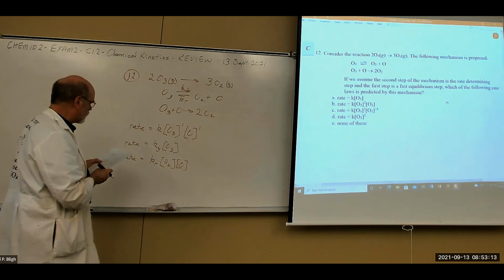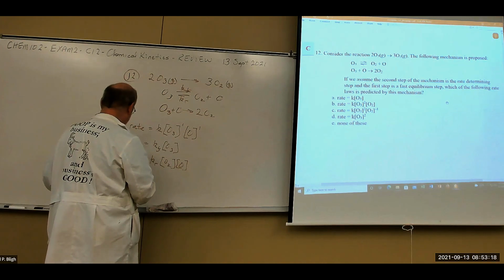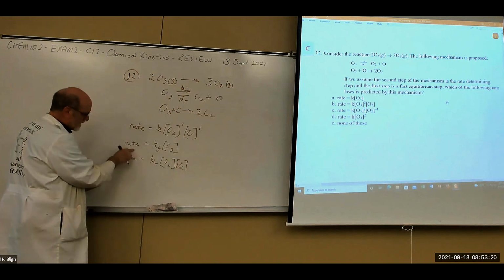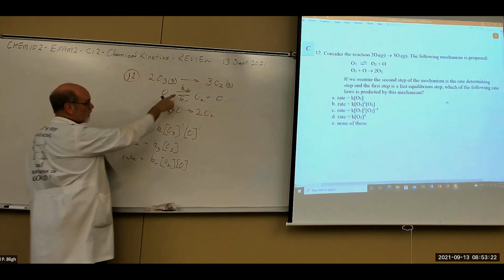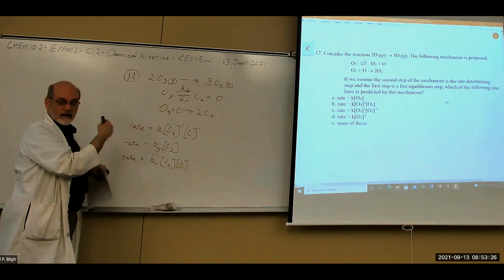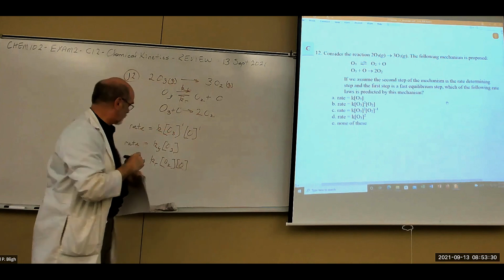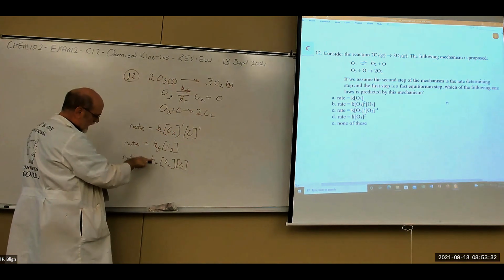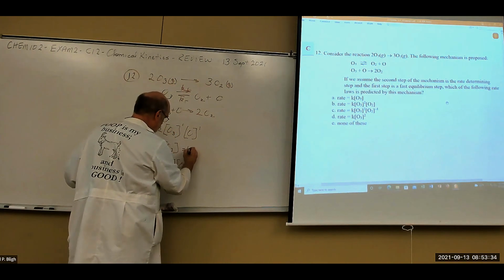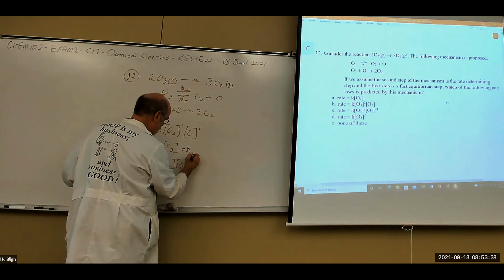These two rates have to be equal, because it's a fast equilibrium. The forward rate and the reverse rate are equal. That's what equilibrium means.